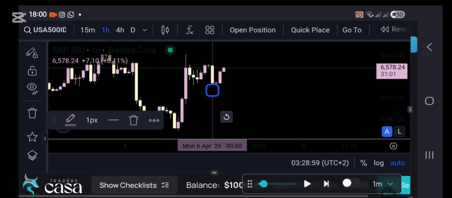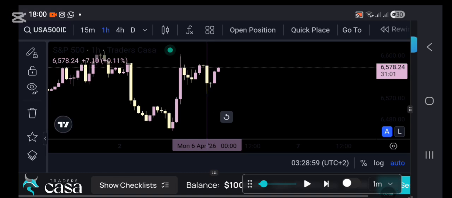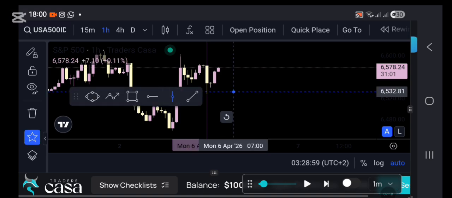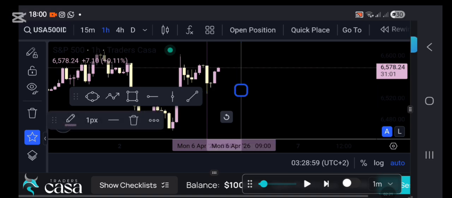We need to be on the right candle, because we need to mark out the 12 a.m. candle, because we are marking up the Asia range. If you're in South Africa, the Asia range is between 12 a.m. to 9 a.m. Then after you've done that, you're gonna mark your 9 a.m. After you mark that, we're just gonna look at how price ranges in between this.